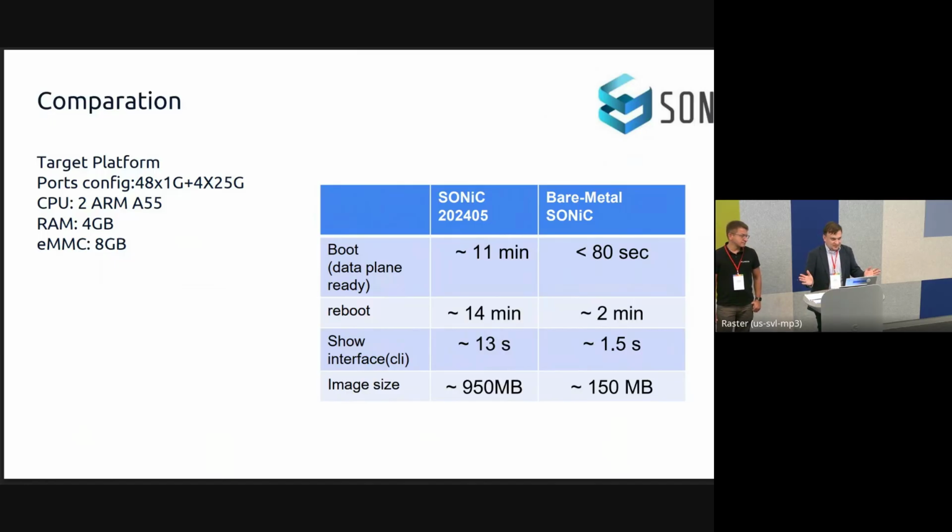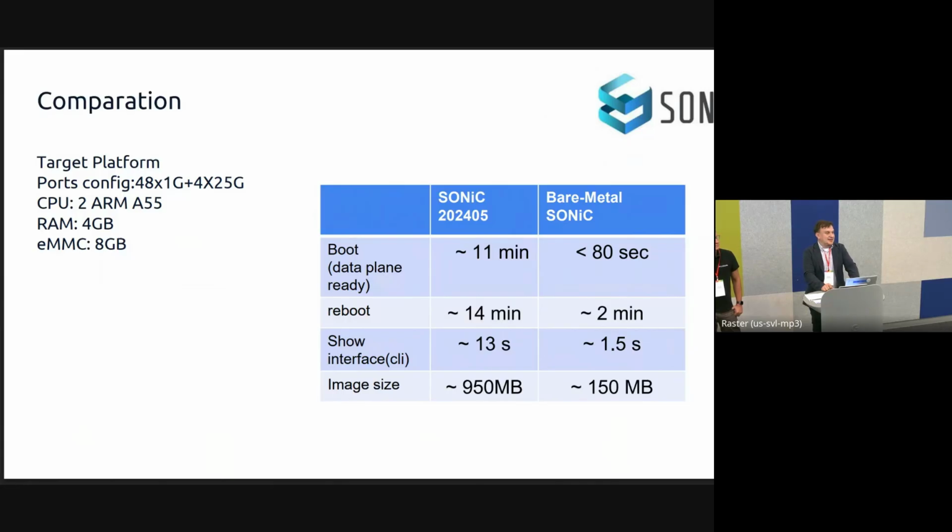But when we take a look at the embedded version of this, we've seen that the time until the first packet is sent through the switch is down from 11 minutes to 80 seconds. So it's basically 10 times less. The reboot time, instead of 14 minutes, is 2 minutes. The interface output, instead of 13 seconds, we are talking 1.5 seconds. But I believe the biggest win we've seen here is the image installer size.